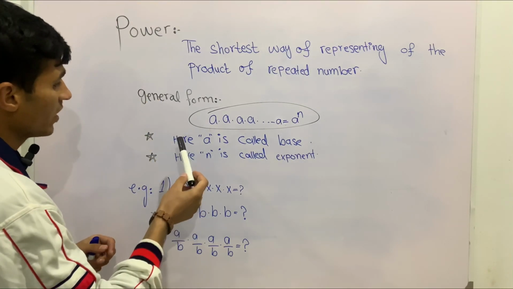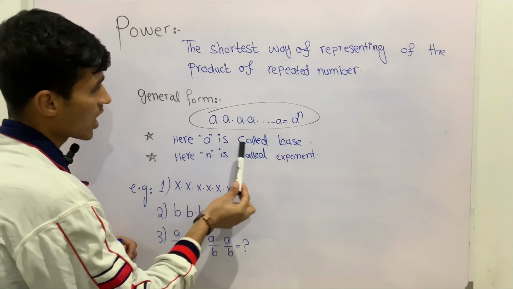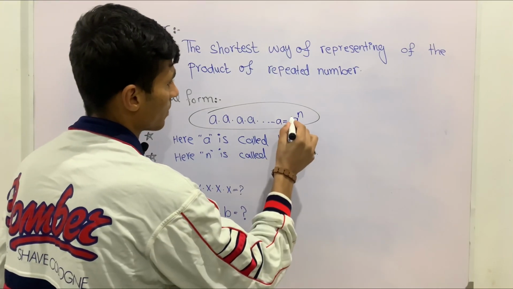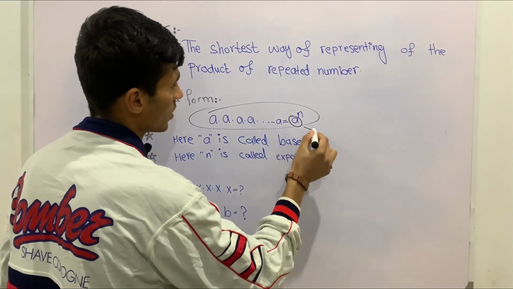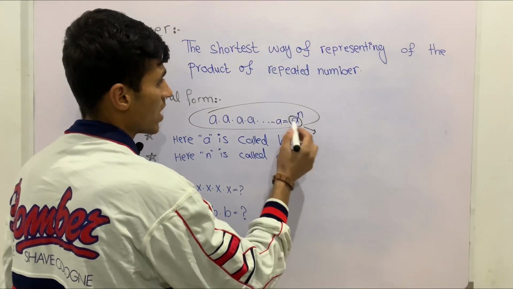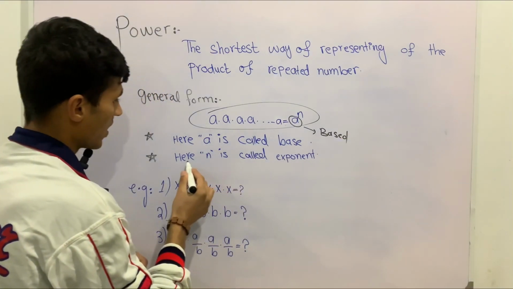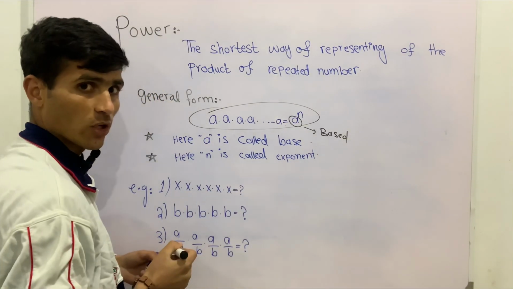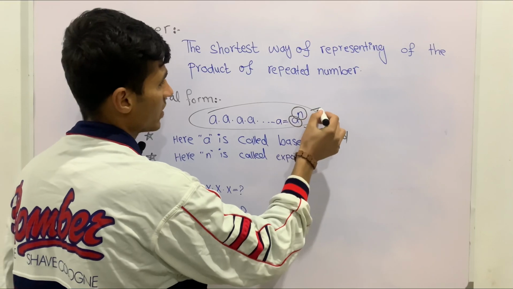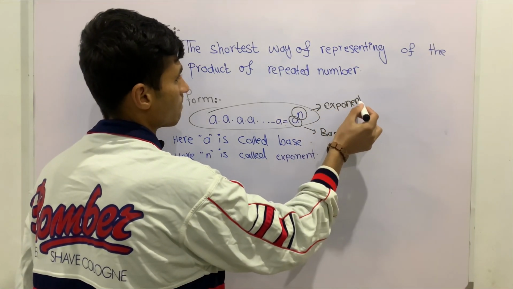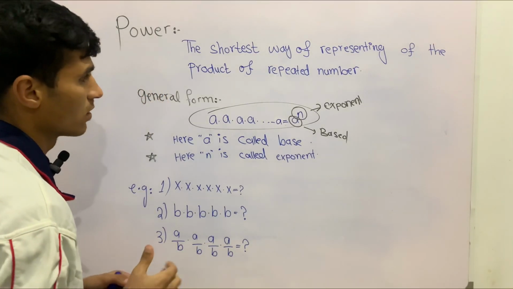Something really important here. Here, a is called the base. I'm going to mark it with the black marker. Here, n is called the exponent. I hope you got it.